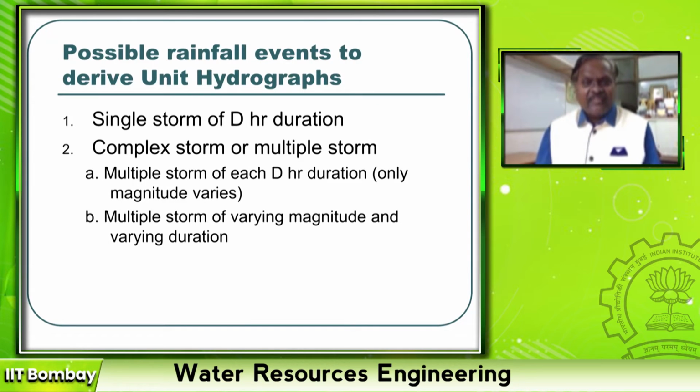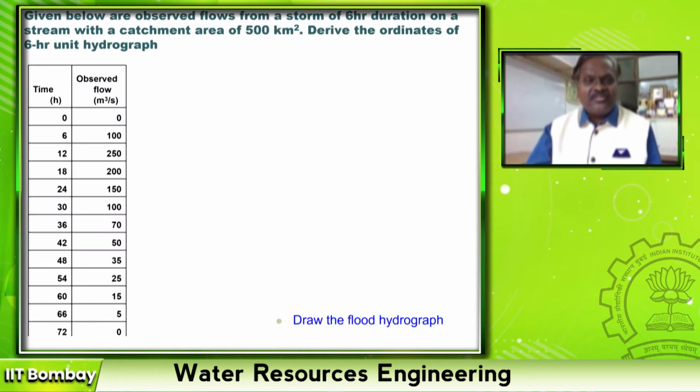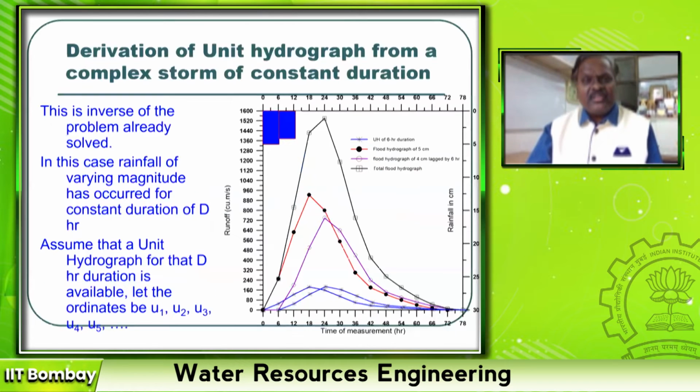That is case A. This case is the reverse of what we have seen. Yes, the principle of superposition, right? Now in this case, this is the inverse of the problem we already solved using the principle of superposition.